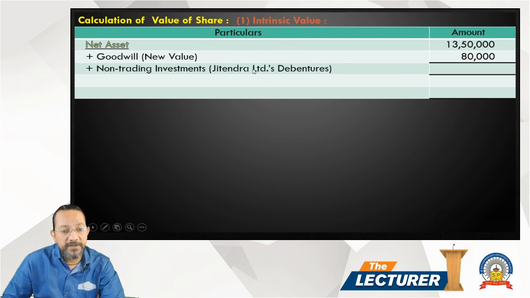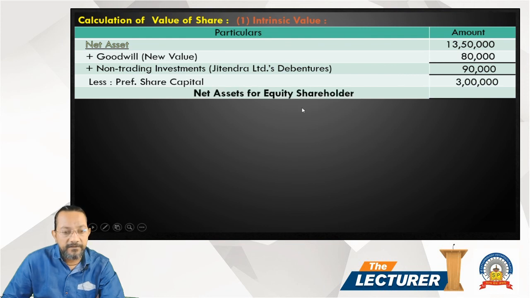Then non-trade investment, Jitendra Limited's debenture, it cost 90,000 and face value 1 lakh. Less preference share capital 3 lakh. You can get the net asset for the equity shareholder. This is the net asset for the equity shareholder.